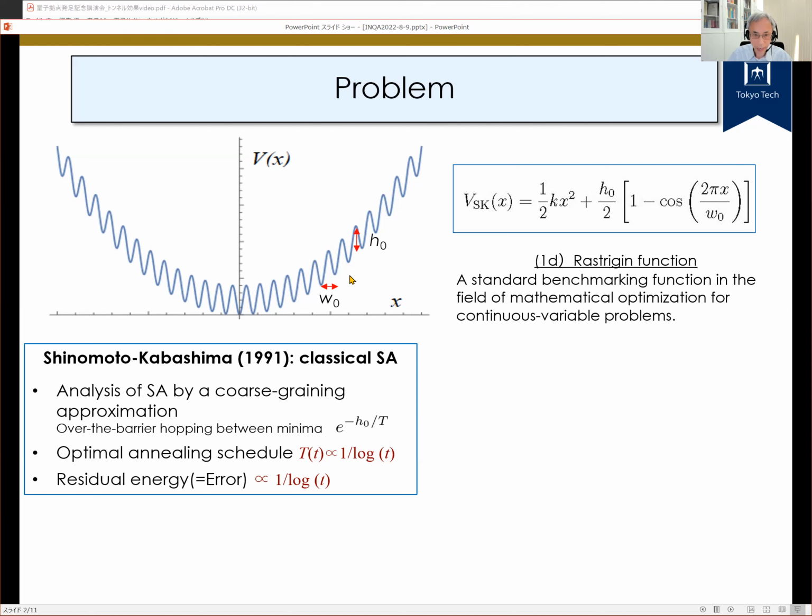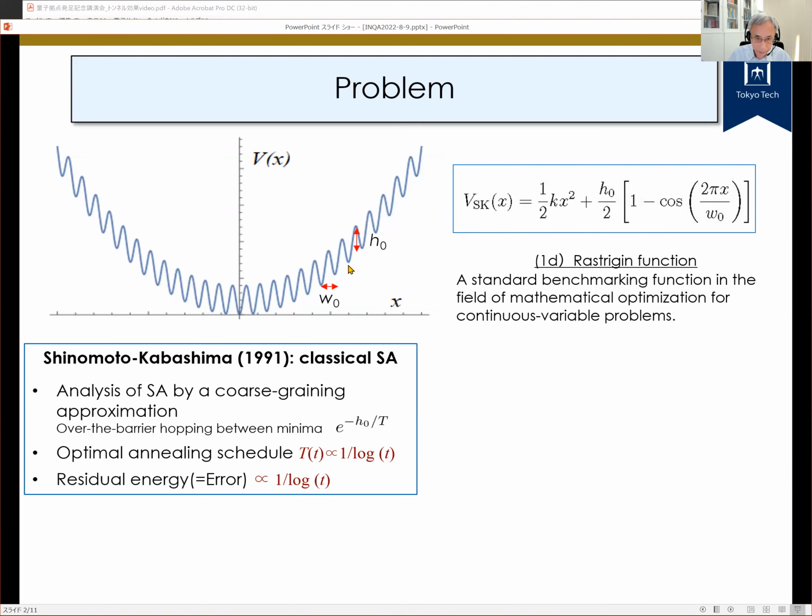That is, they assumed that a particle can exist only in those discrete positions corresponding to local minima. And they assumed that the particle can go over the barrier to the next local minimum by the usual Boltzmann factor e to the minus h0 divided by the temperature.